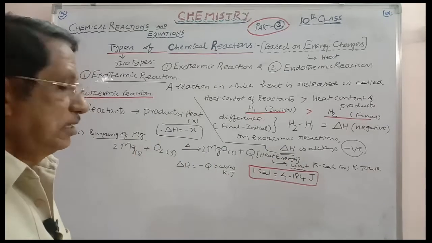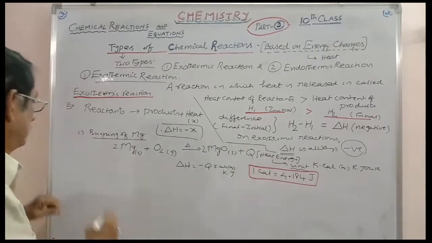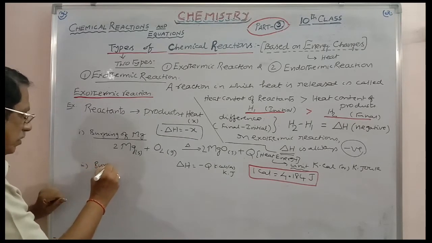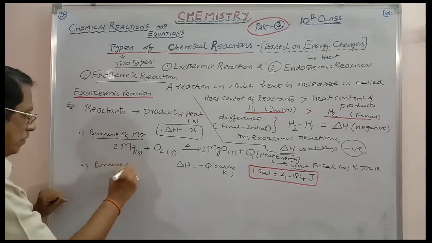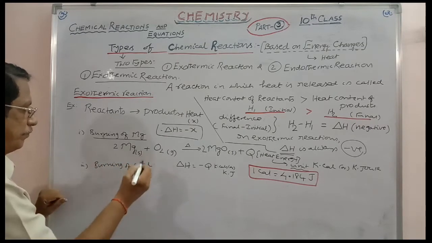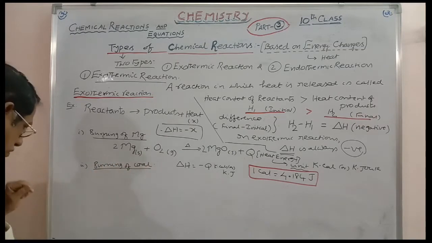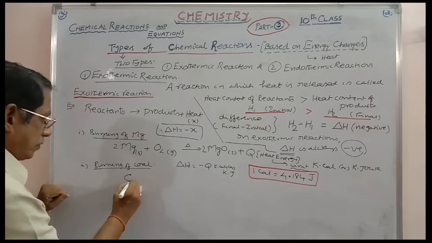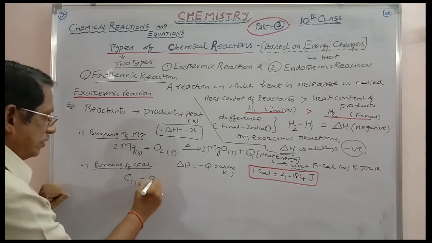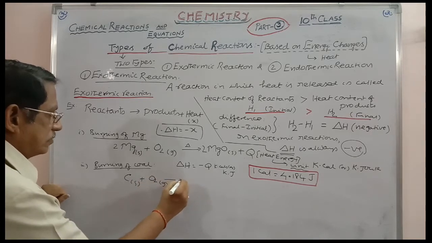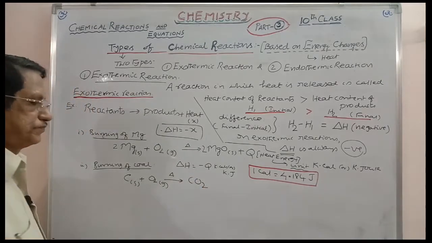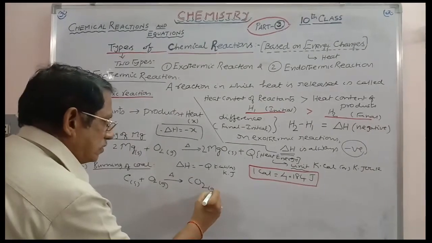So this is burning of magnesium. Similarly, you can take combustion of carbon, burning of coal. You can take here carbon, coal, solid, burned in air, oxygen gas. It will be converted into CO2 gas.